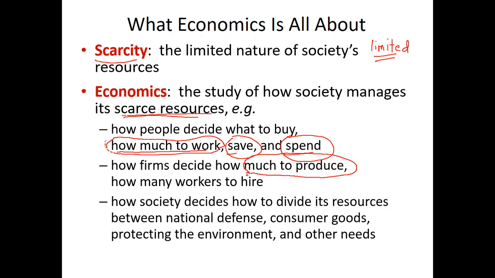And also, if its capital is small, it can only hire a few workers. Okay? But if its capital is big, its land is big, it has a lot of money, it will hire many workers. So therefore, our land resources or capital resources on the side of the industries or the firm will affect the quantity of production the firms plan to produce and also the number of workers.